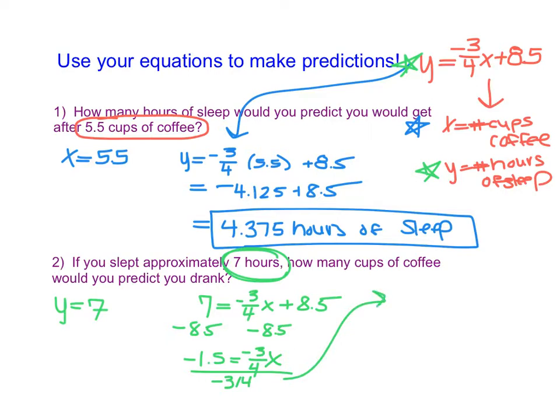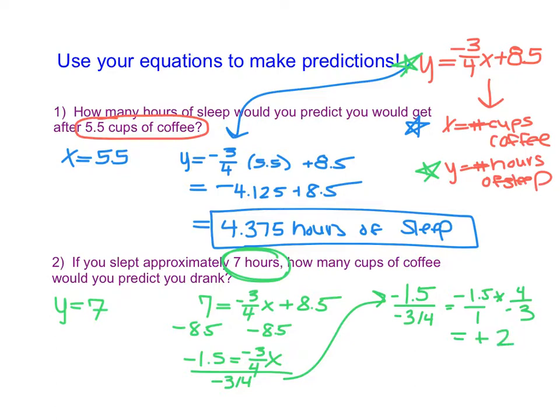Now this might look a little bit tricky, but negative 1.5 divided by negative 3/4 I know is really negative 1.5 times 4 over negative 3. I can put the negative 1.5 over 1, so 1.5 times 4 divided by that 3. I know that I have a negative times a negative, so I have a positive 2 here.